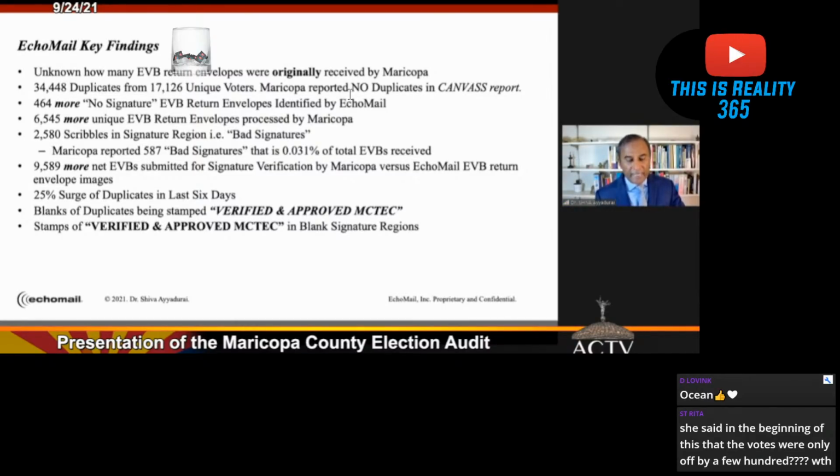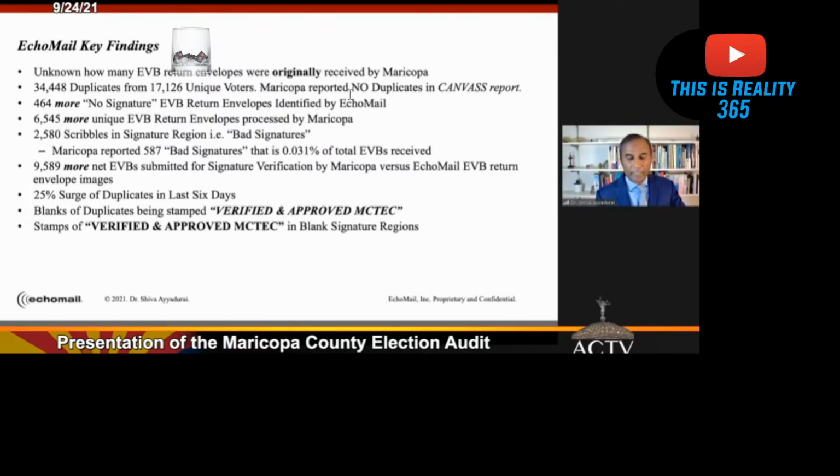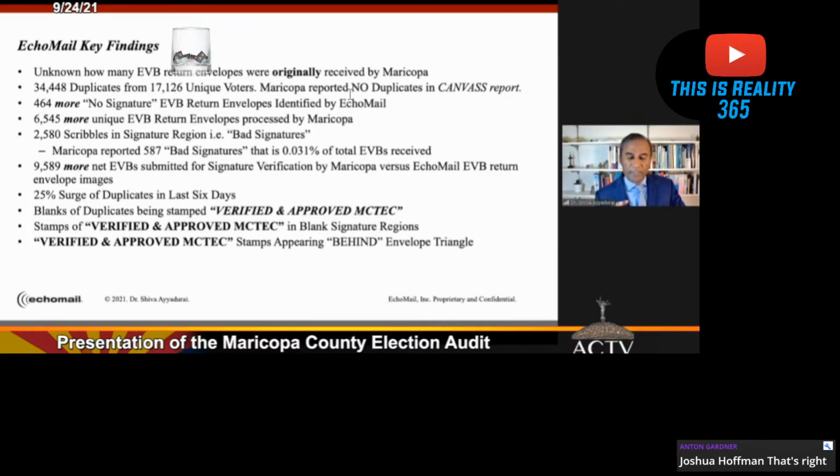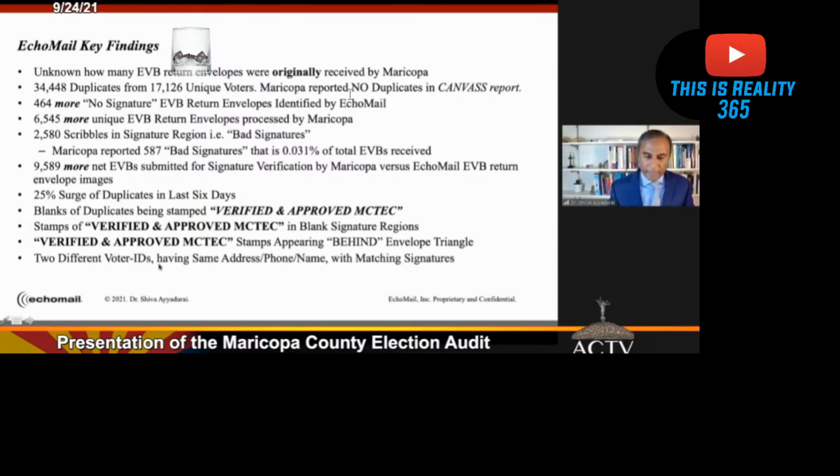We also saw stamps of verified and approved in blank signature regions, and I'll share with you those. What's more interesting, potentially a critical anomaly, is that we saw the verified and approved stamps appearing behind the envelopes. And I'll show you this. It's almost as though it was imaged on there, or I don't want to say Photoshopped, but put on there. But it's quite fascinating. I'm sure there's some explanation for this.